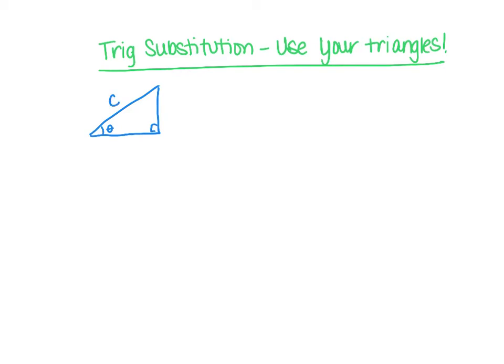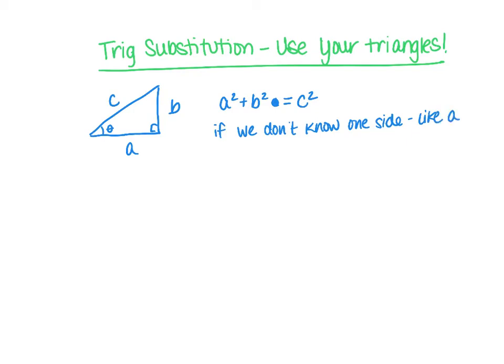Everything is based on the right triangle, which we use all the time in trig. And remember that the three sides of the right triangle are related by the Pythagorean theorem. Also remember, if we don't know one side, like for instance, if we don't know a, we can rearrange this and find that a can be written as the square root of c squared minus b squared.